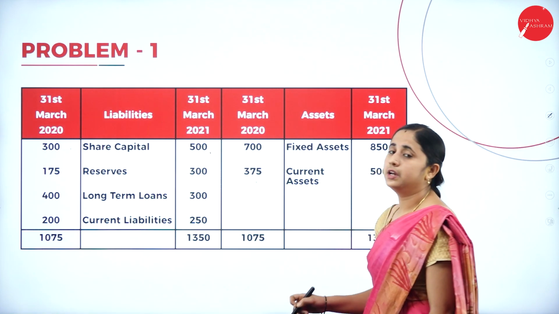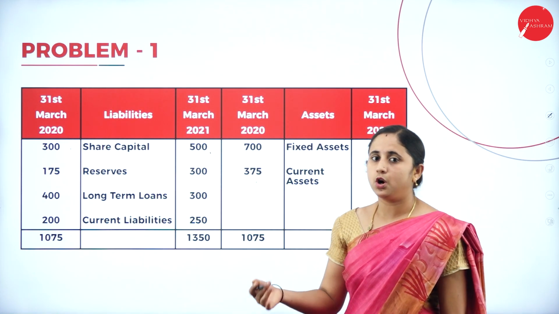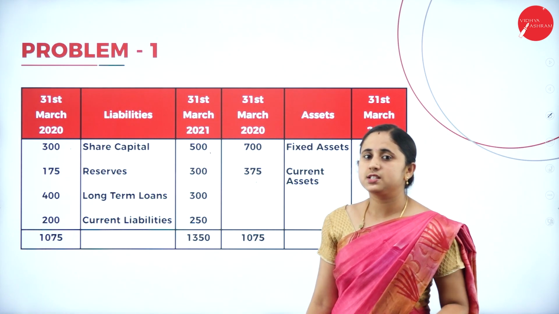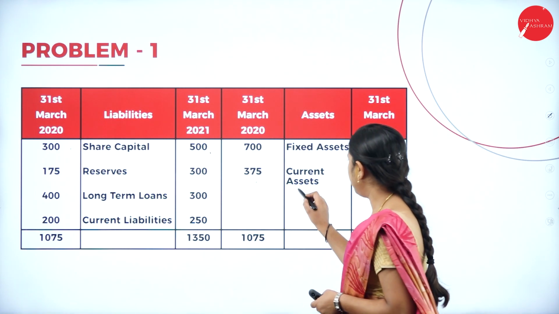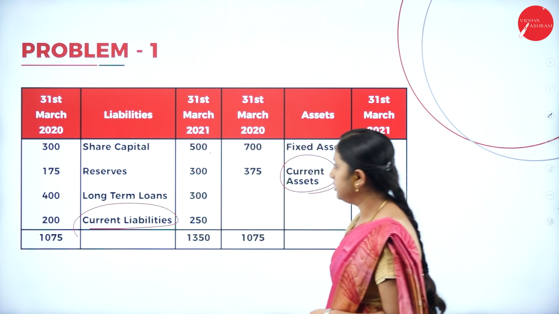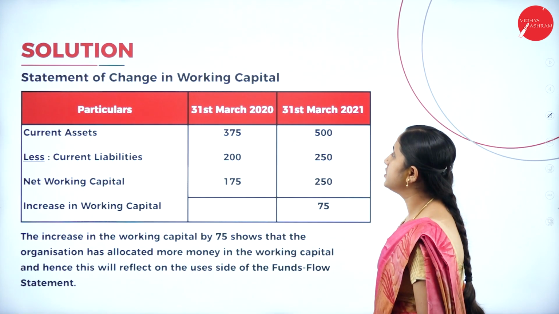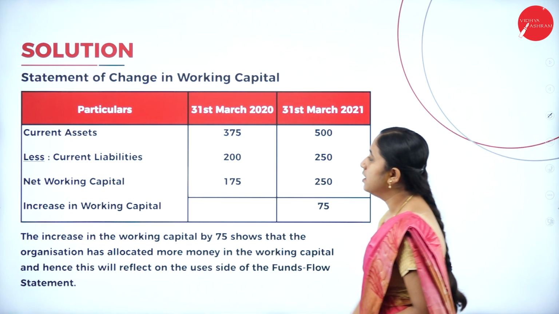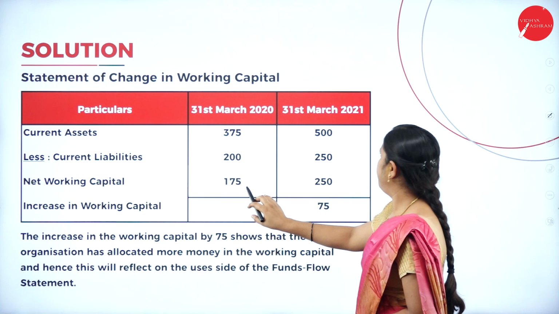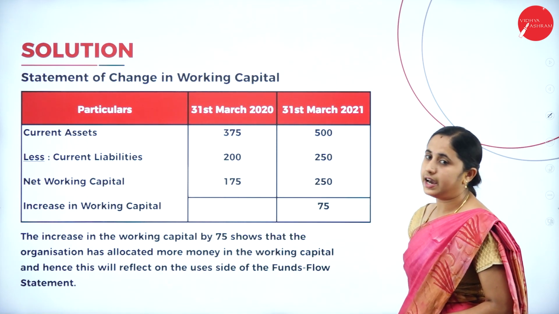First step is to calculate the statement of changes in working capital. To prepare the changes in working capital we require current assets and current liabilities. So write statement of changes in working capital, particulars, amount, that is previous year and current year.